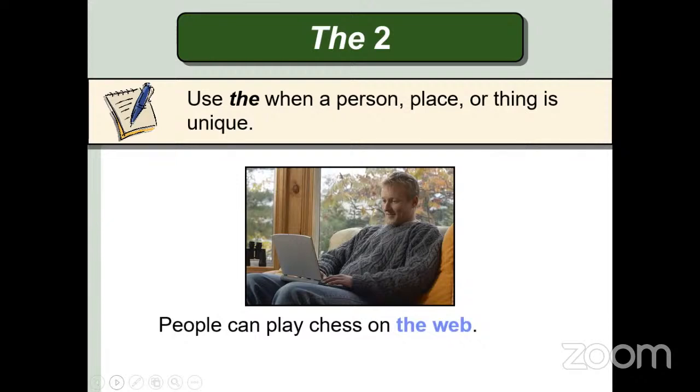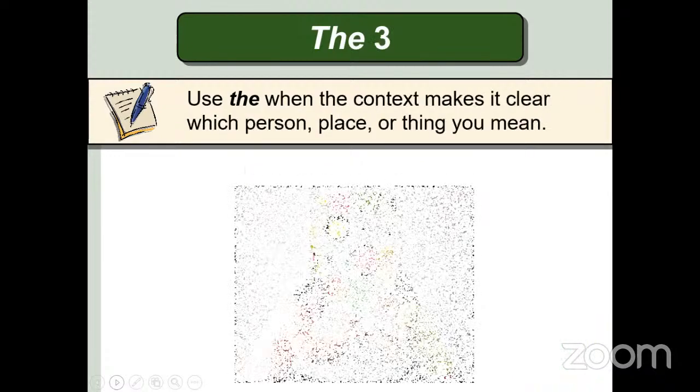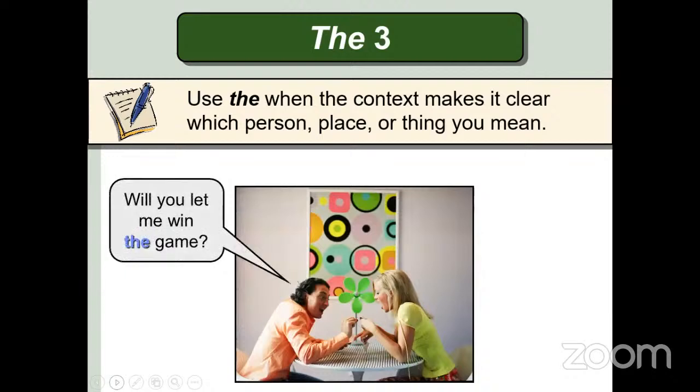People can play on the web because there's only one web. There is only one web. And use the when the context makes it clear which person, place, or thing you mean.